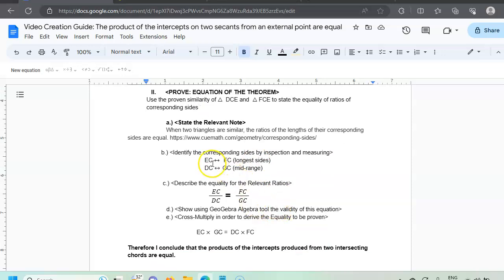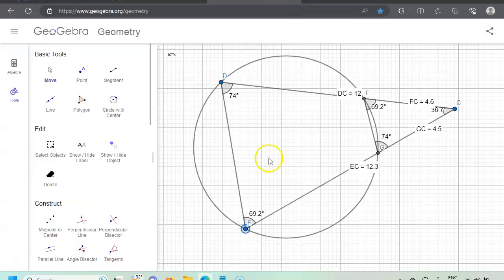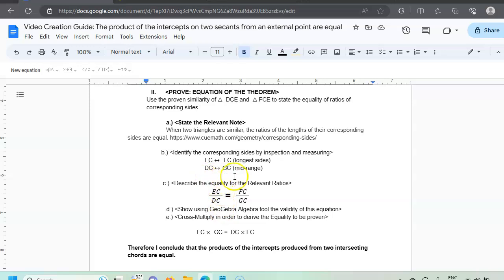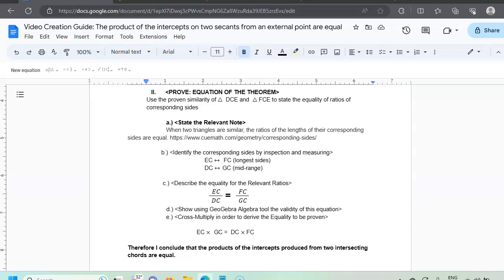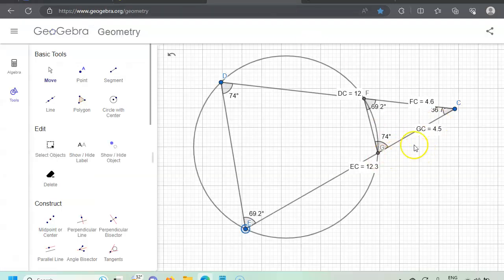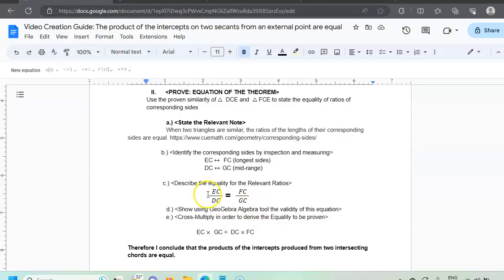We have EC and FC, because these are the shortest sides, and we also have DC and GC, the mid-range. That's why we have this ratio, EC divided by DC is equal to FC over GC.